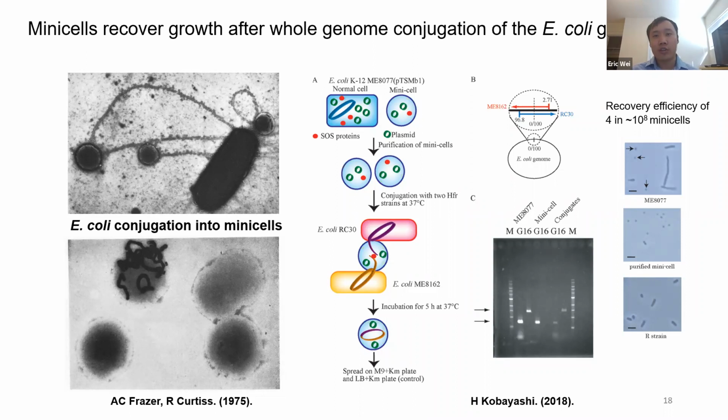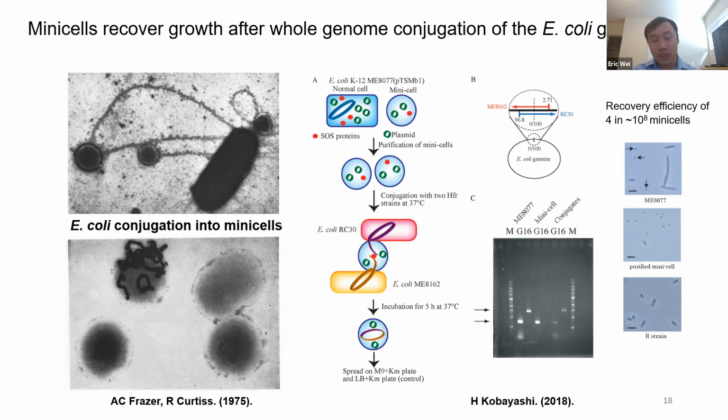So the recovery efficiency was really low, as you can tell. You have to have a lot of things work in order for this to even be possible, especially even having the right minicell and the right expression capacity. So they only got 4 transformants or 4 colonies out of 10 series experiments, totaling 10 minicells.